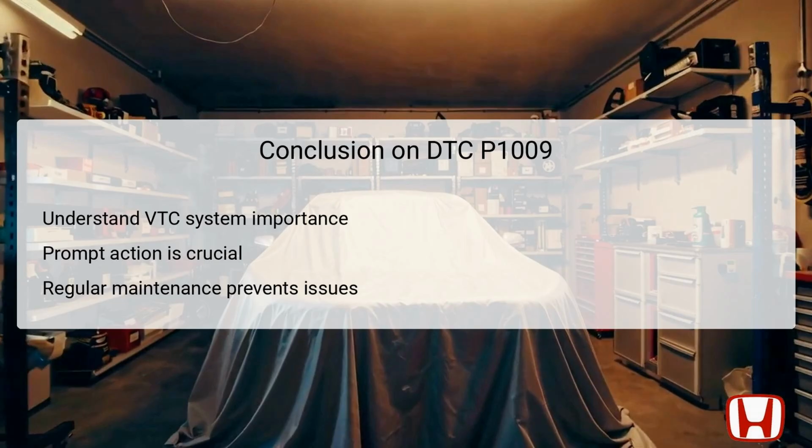Promptly addressing this DTC by following systematic troubleshooting steps can resolve the issue effectively. Furthermore, incorporating regular maintenance, such as timely oil changes and inspections of VTC components, can significantly reduce the likelihood of these faults arising in the future. Staying proactive can ensure a better driving experience while extending the longevity of the vehicle.